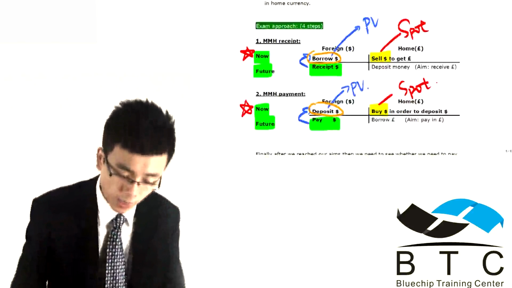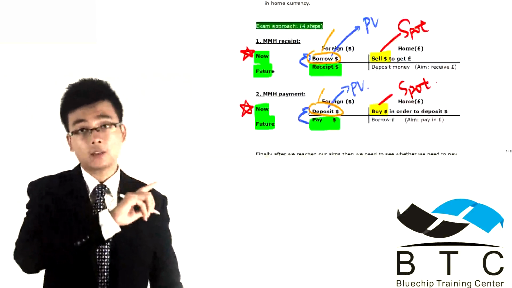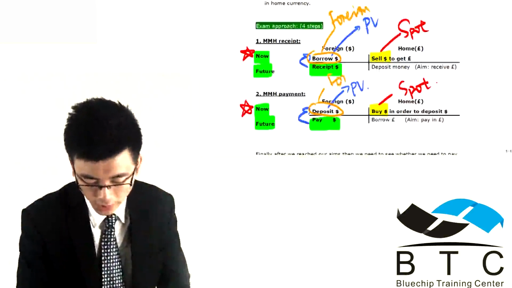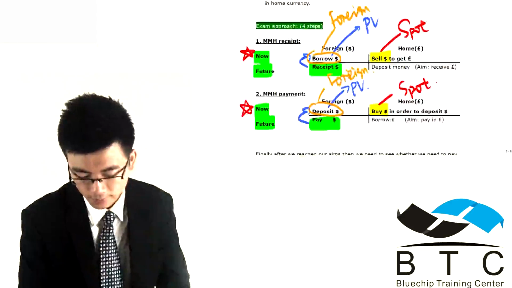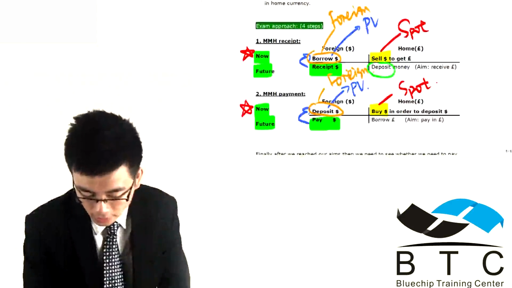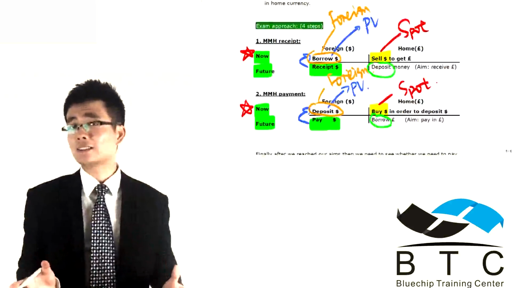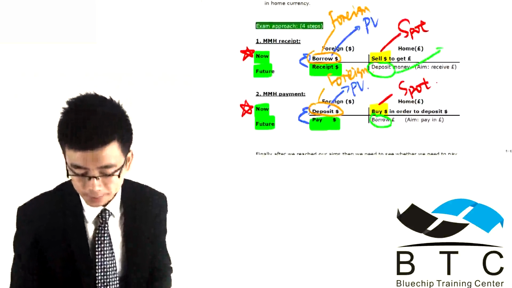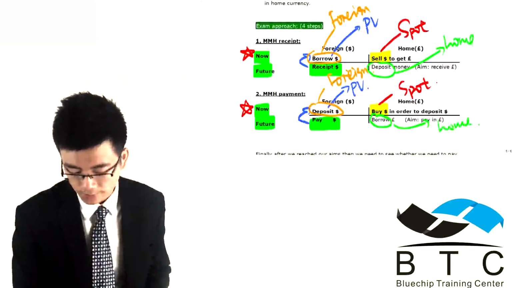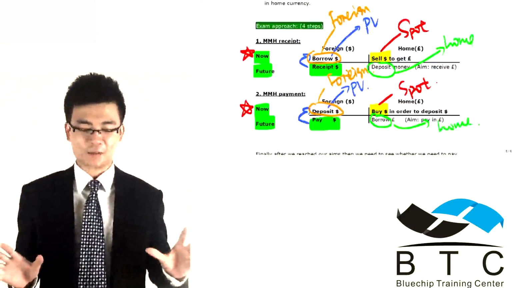Of course, because we are borrowing money and depositing money in a foreign country, we are going to use the foreign interest rate. But what about depositing money and borrowing money in our home country? Of course, we're going to use our home interest rate. Okay, so that's it, nothing more.